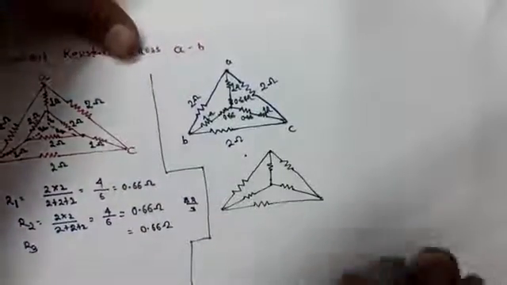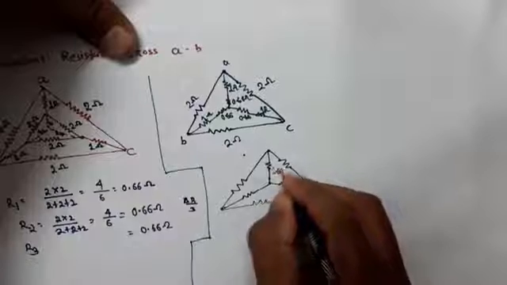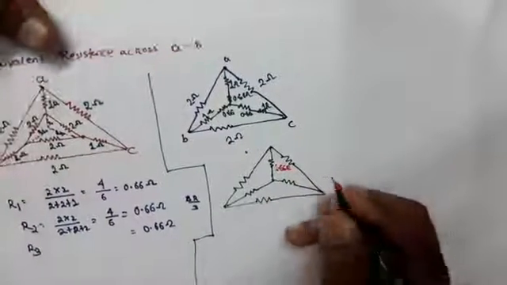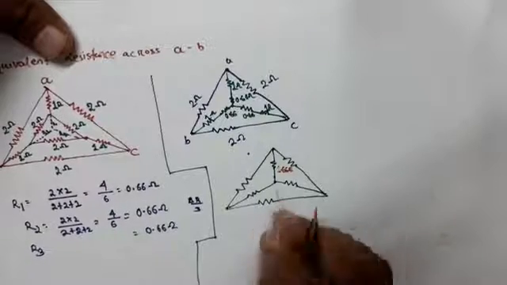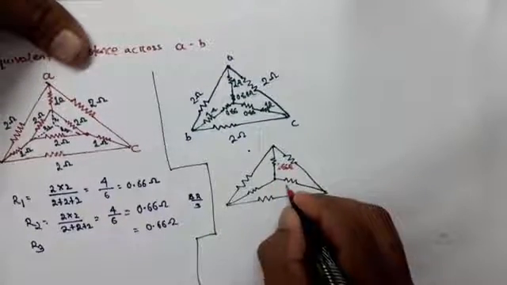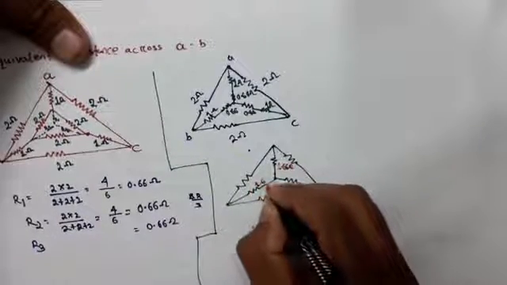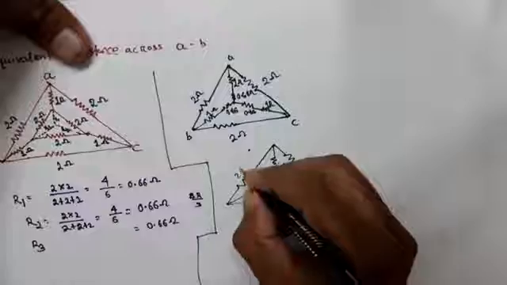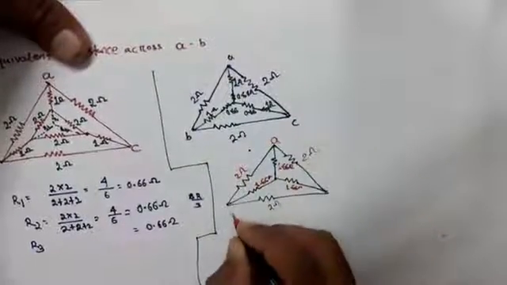This value is 1 plus 0.66, 1.66 ohm, and this is also 1.66 ohm, and this is also 1.66 ohm. This is 2 ohm, this is 2 ohm, and this is also 2 ohm. This is A, B and C.